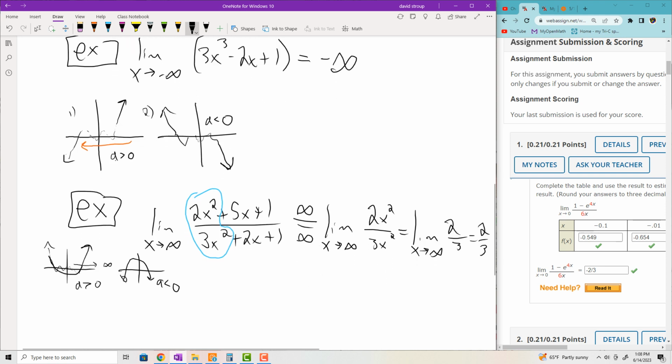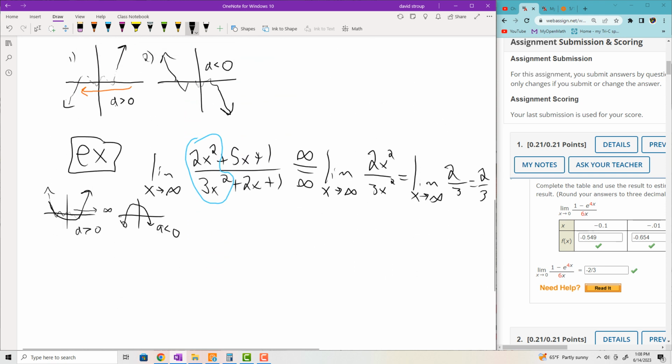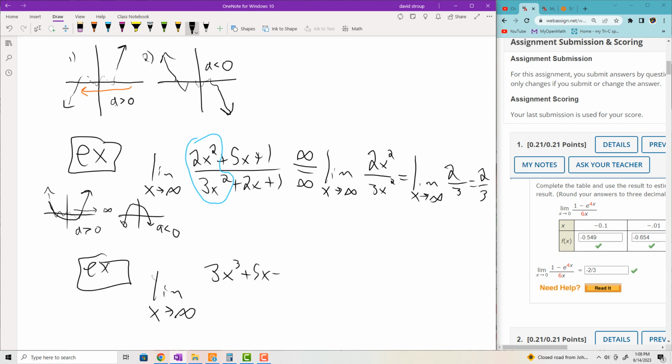Okay, so that's the case when the degrees are the same. When the degree of the numerator is less than the degree of the denominator, that will go to 0. But you could still approach it in the same way. In other words, you can circle the high degree terms and then consider that limit, and you'll get the correct answer.